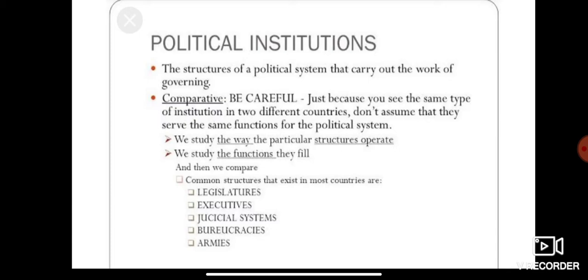Even though they have a similar system of government, like a democratic form of government, the structure and the functions differ. That is how political institutions might differ from one country to another.